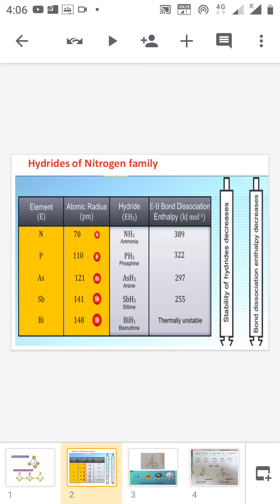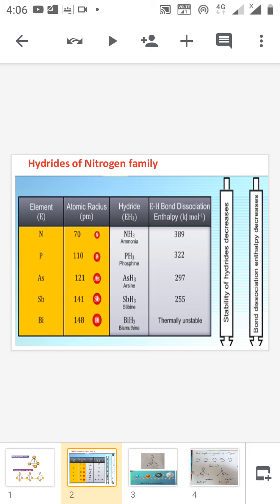Then moving into the bond dissociation enthalpy and the thermal stability. The bond dissociation enthalpy decreases. That means the NH bond is very powerful, the PH bond is a little bit weaker, and the AsH bond is weaker still.